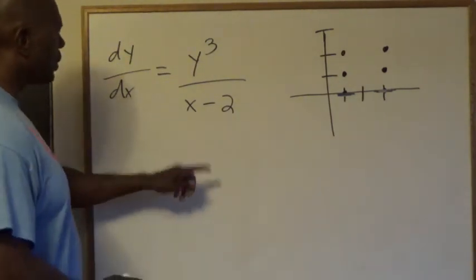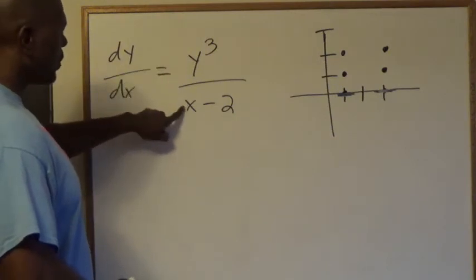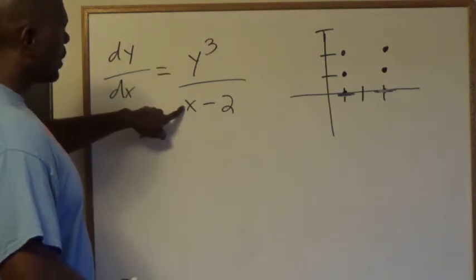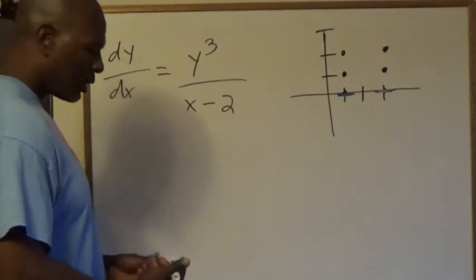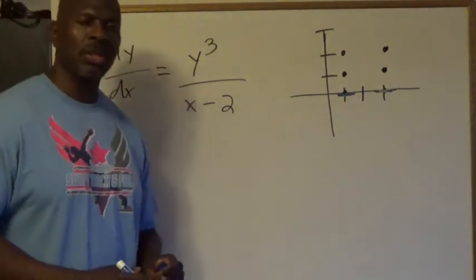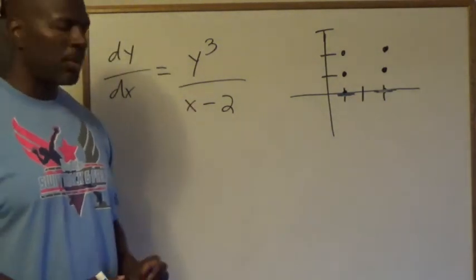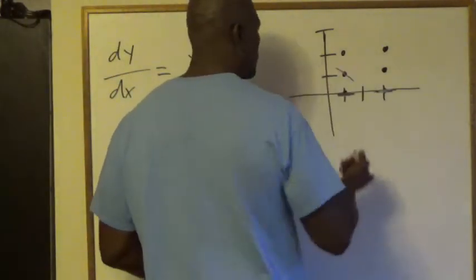So y is 1, that's y cubed, 1. x is 1, that's 1 minus 2, that's negative 1. So I have 1 divided by negative 1, so the slope is negative 1. A slope of 1 is 45 degrees, and the negative slope, of course, goes down as you go from left to right. So a slope of negative 1 will look something like that.